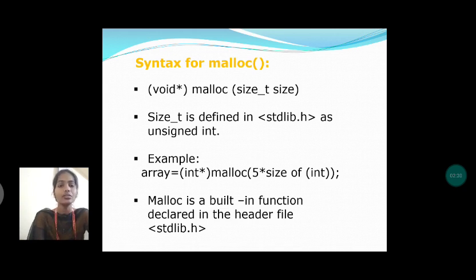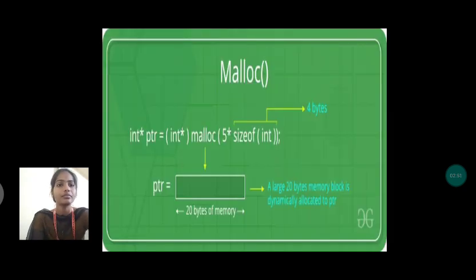Example: array = (int pointer) malloc(5 * sizeof(int)); Malloc is a built-in function declared in the header file stdlib.h. Here, this is the syntax for the malloc function.